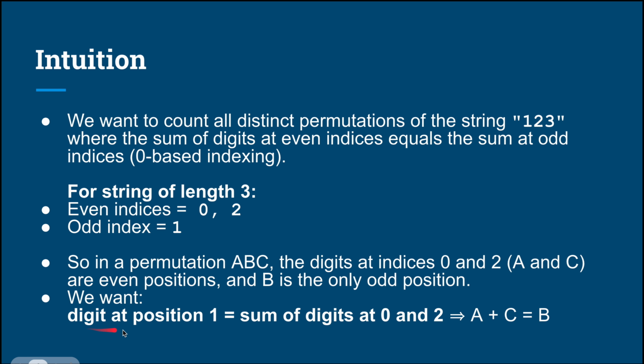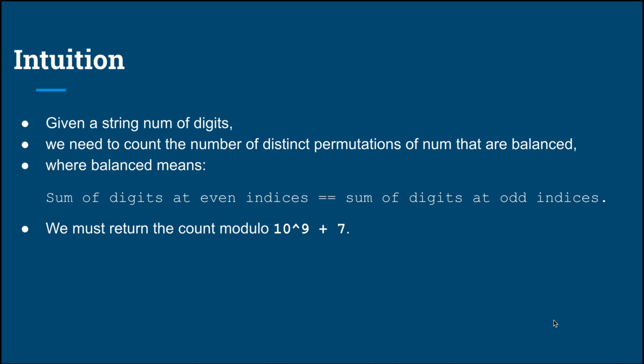So the digit at position 1 should equal the sum of digits at 0 and 2, meaning A plus C will become B, right? Exactly, this problem statement is saying that. We are given a num of digits, and we need to count the number of distinct permutations of num that are balanced, where balanced means the sum of digits at even indices is equal to the sum of digits at the odd indices, right?